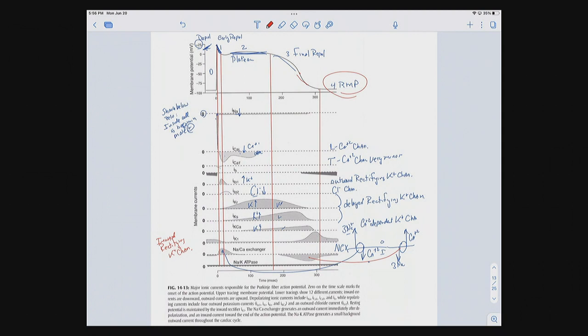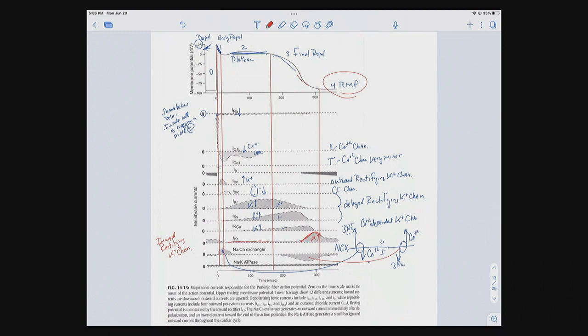So you'll note during the plateau phase, these inward rectifying potassium channels are not quite as open. Maybe a little bit of potassium leaks out. But notice the big kick up here at the end. And the kick up there at the end is meaning a significant amount of potassium now is flowing out.